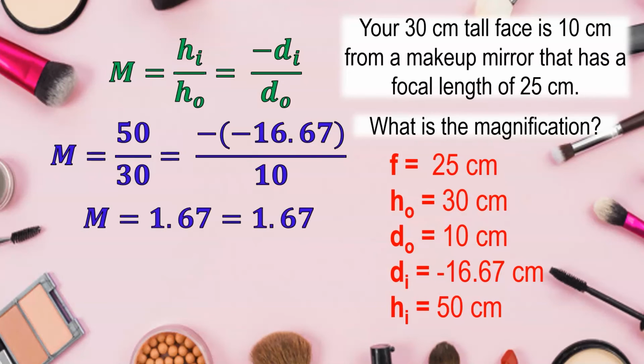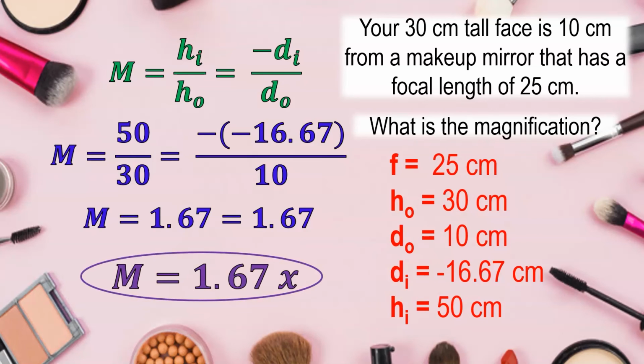Either way, it comes out to be about 1.67, or 1.67 times bigger. If that value was negative, it would mean our image is inverted or upside down. If that value was less than 1, it means that our image is smaller than the object. But because it's bigger than 1, it's larger, and because it's positive, it was upright.